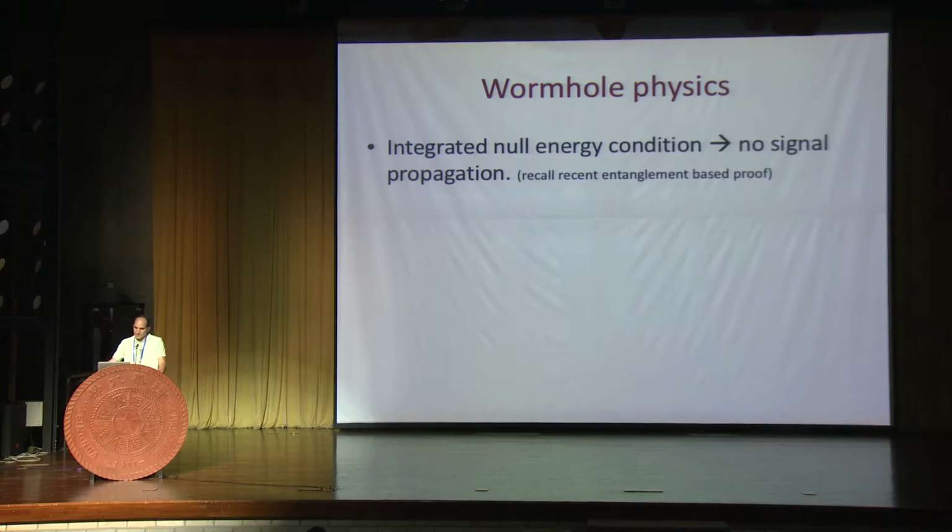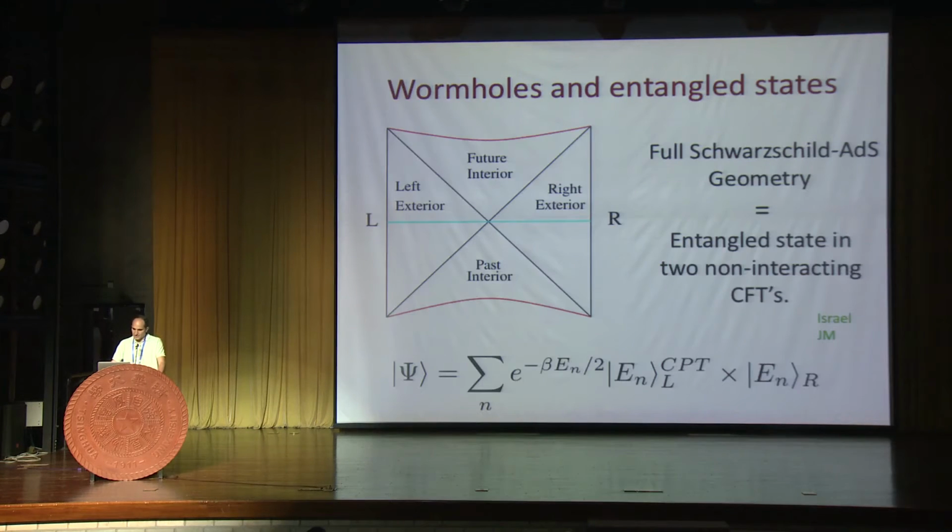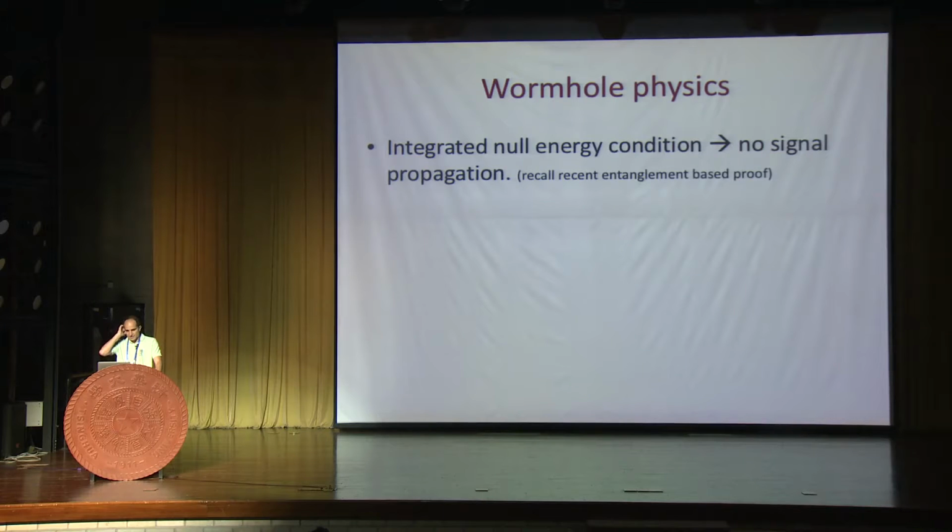Now, the integrated null energy condition along these horizons, so if you integrate T minus minus along the horizon, you find that it is positive, and the positivity of that, recall the recent entanglement-based proof, implies that no signal propagates through the wormhole.